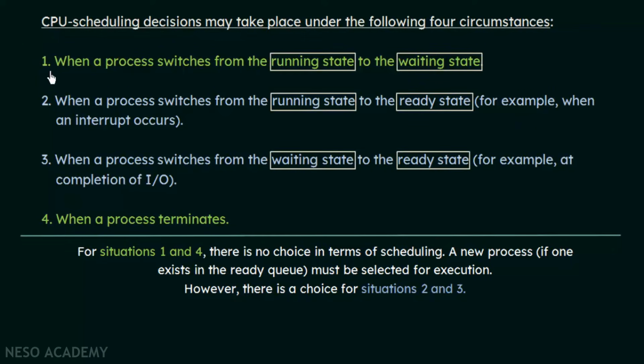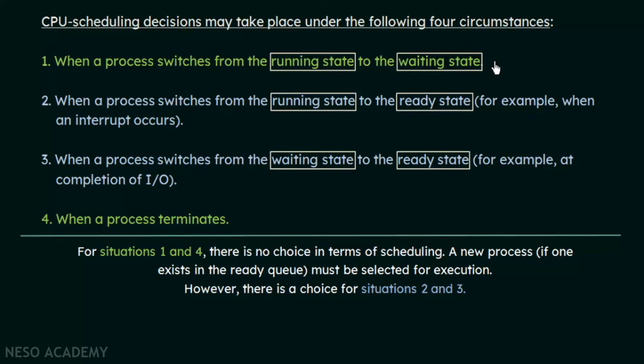Let us closely observe situations 1 and 4. In situation number 1, the process is going from a running state to a waiting state. That means it was running and then it came to the waiting state where it is waiting for some IO operations or something like that. In the previous lectures, when we started studying about scheduling itself, we said that the reason we have scheduling is that when a process is waiting for some IO request or something like that to be complete, we don't want the CPU to remain idle.